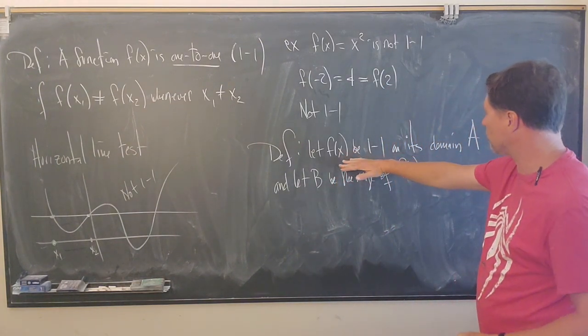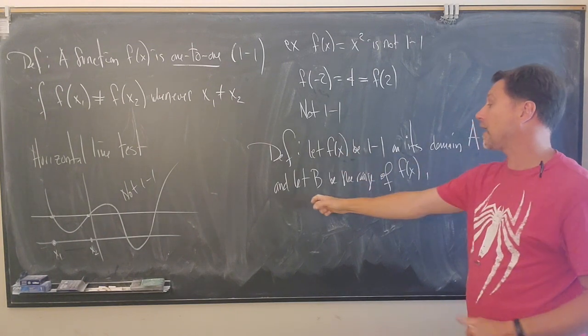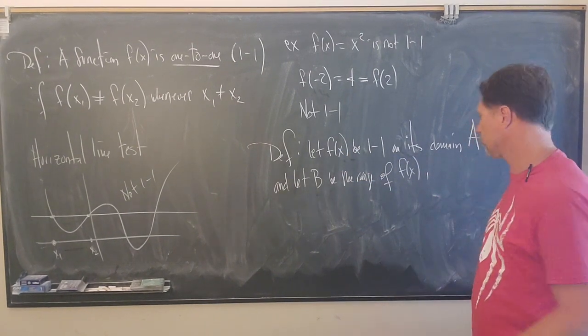So we've got a 1 to 1 function. Let's call its domain capital A and call its range capital B.